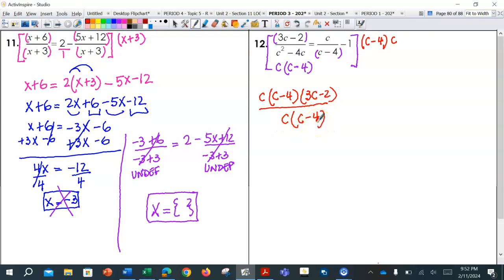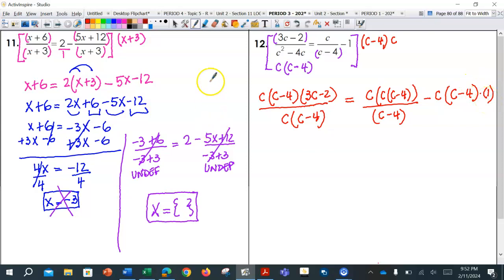The first term. And I will do the same thing on the other side. c times c minus 4 over c minus 4, minus c times c minus 4, times 1.